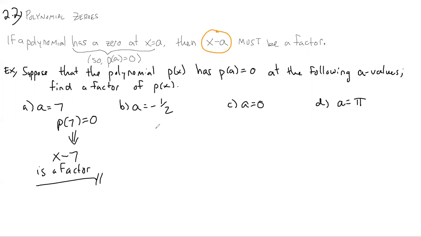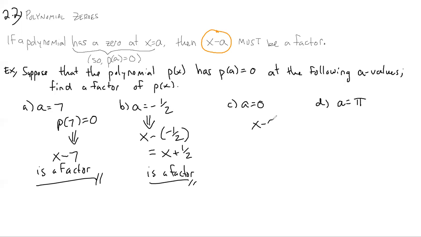A equals -1/2 means x minus -1/2, which is the same thing as x plus 1/2, is a factor. So it's pretty easy to get these factors if you know what one of the zeros is.